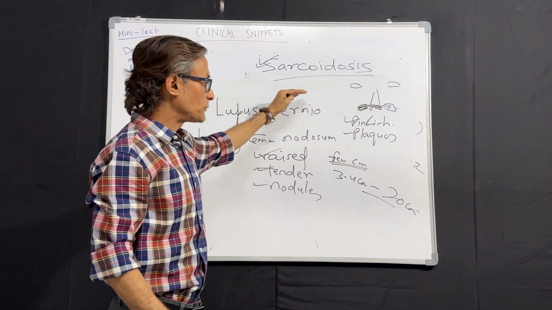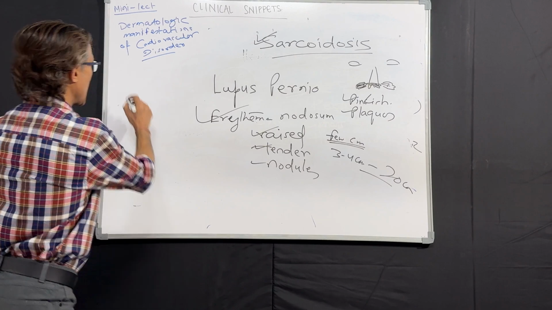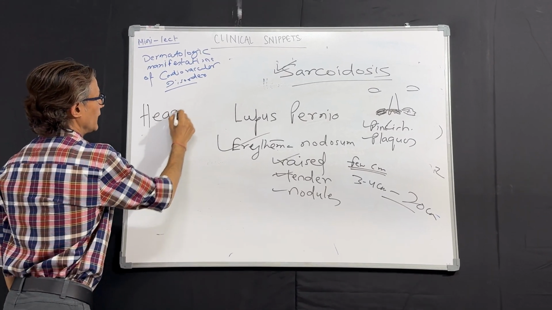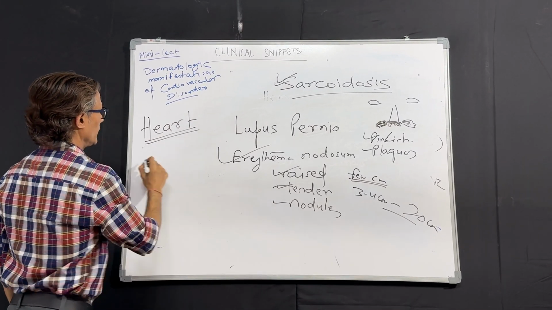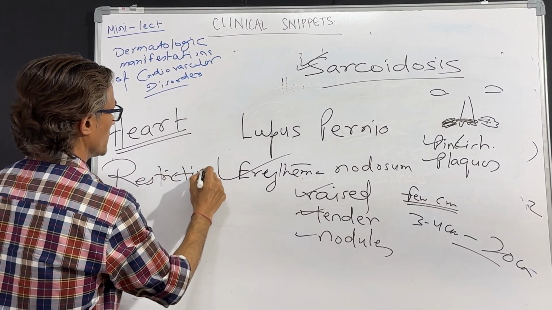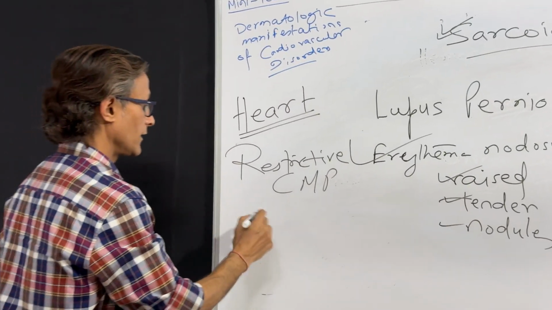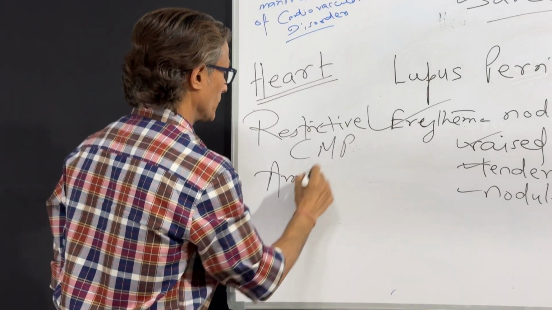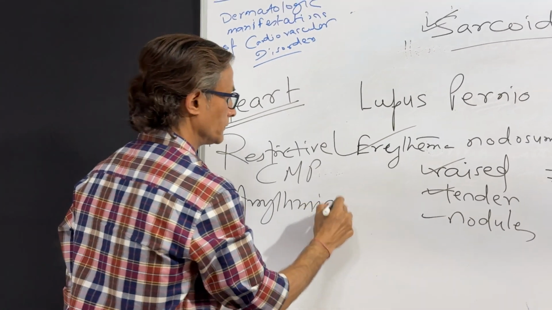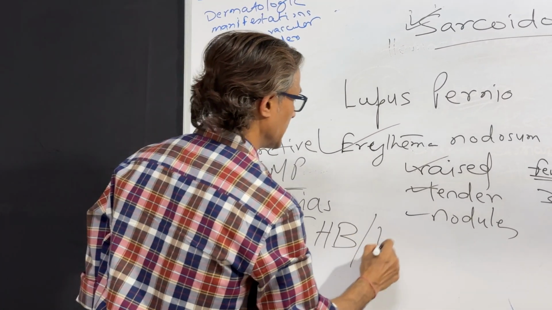So with lupus pernio and erythema nodosum in sarcoidosis, the heart can show restrictive cardiomyopathy, and most important, arrhythmias, especially complete heart block.